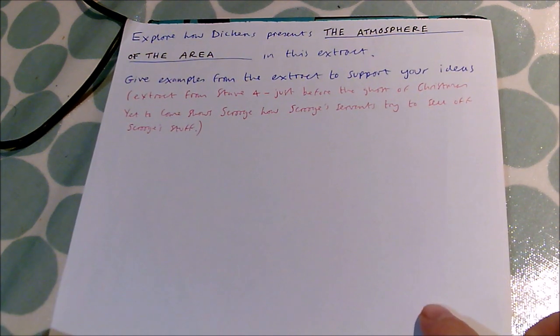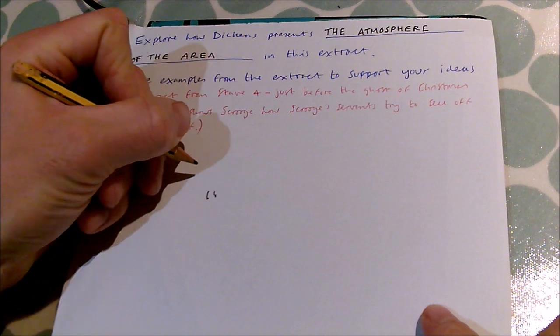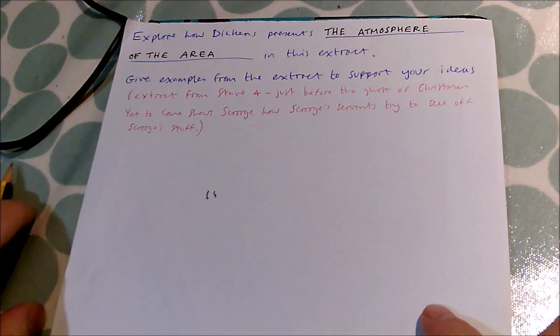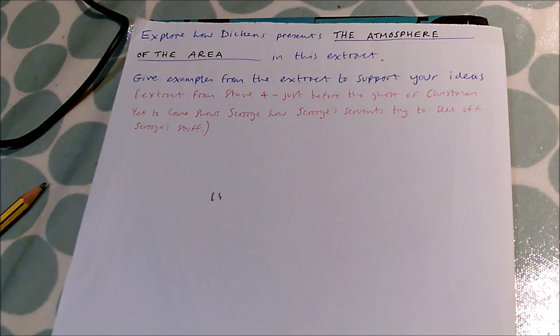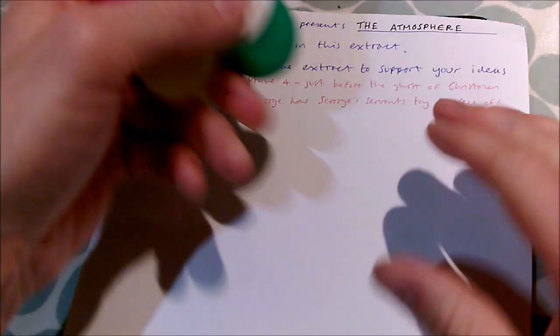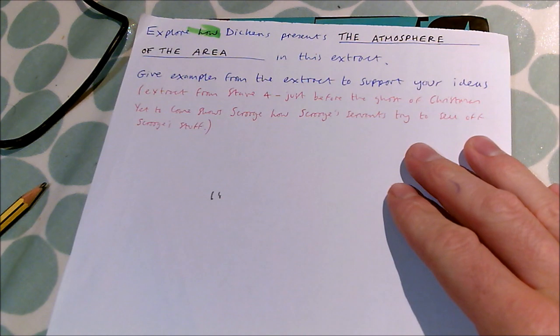First of all, let's put in the quotation we're locking on, and it's a quotation from the extract because of course we're looking at the atmosphere here. Oh, do you know what, I'm getting ahead of myself. I was about to highlight key words here so people get a clear idea of how you're going to tackle this question. First of all, a big hitter is that word how, because that relates to language and structure techniques.